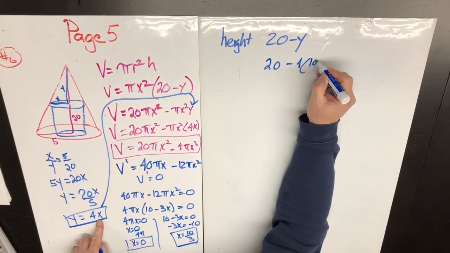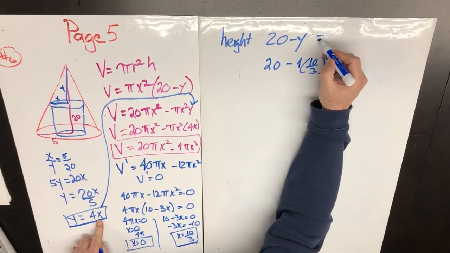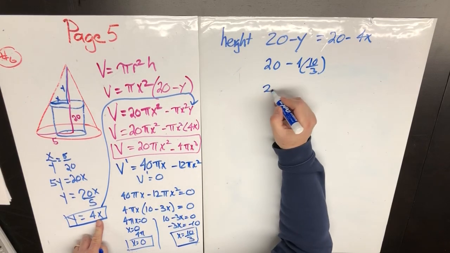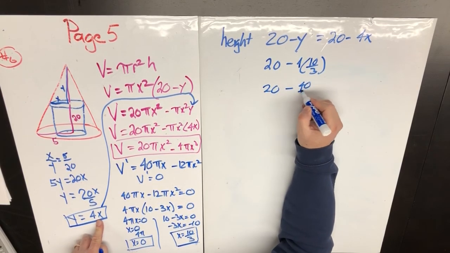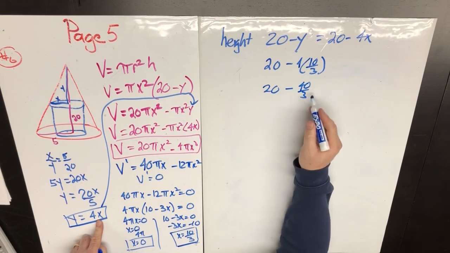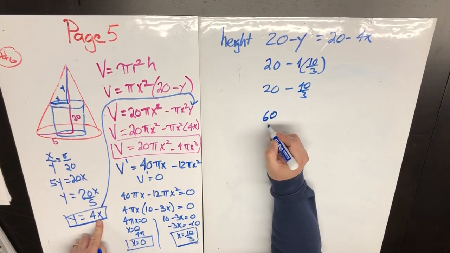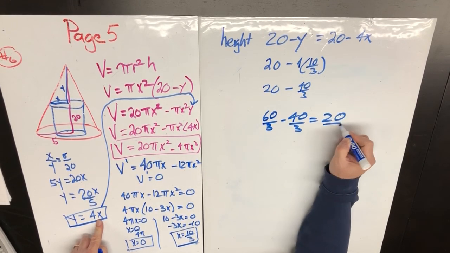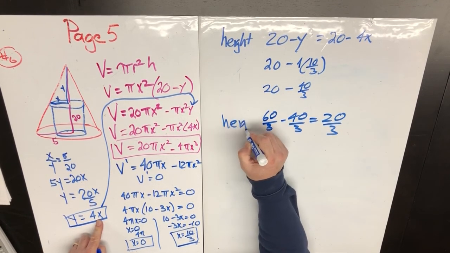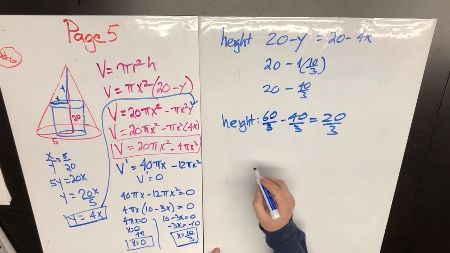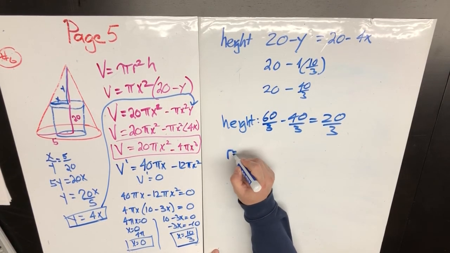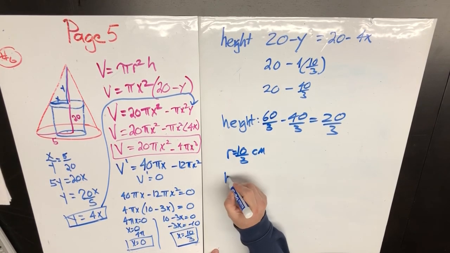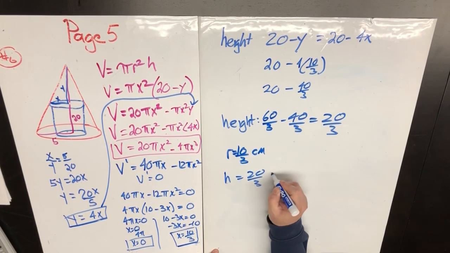So 4 times 10 thirds. 20 minus 40 over 3, that gives you 60 minus 40. So the dimensions of the cylinder are going to be radius 10 over 3 centimeters, I think, and height 20 over 3 centimeters.